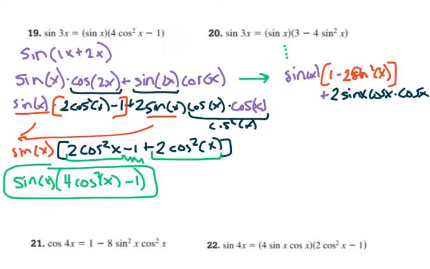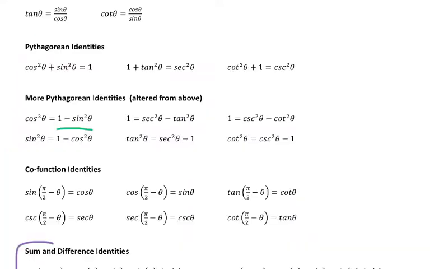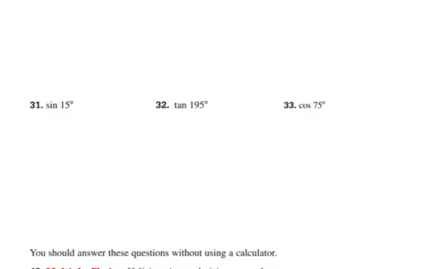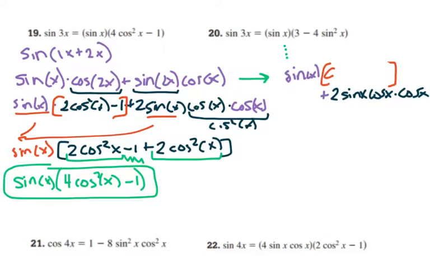Alright, and actually, because of the way I'm working this, I'm actually going to use the other one, this one, cosine squared minus sine squared. Okay, so just as I did before, I'm going to take out that sine from both of them.